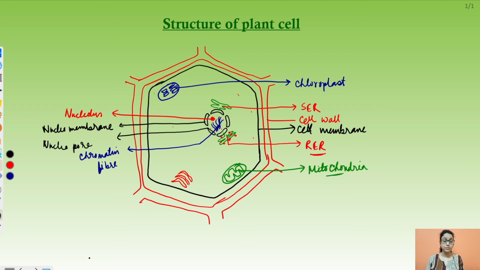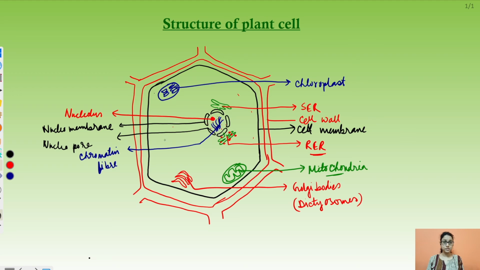These Golgi bodies will carry certain enzymes and hormones to the different portions of the cells, and also can secrete certain elements outside the cell. The Golgi bodies of the plant cells are also called dictyosomes.